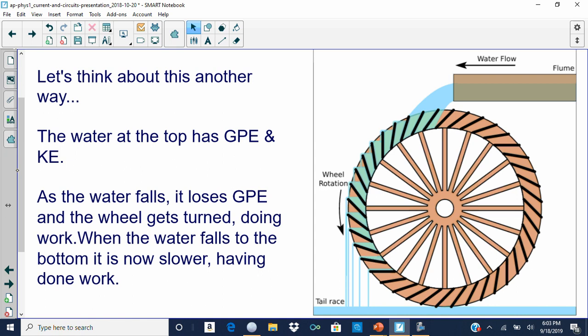As the water falls, it loses potential energy, but it turns the wheel. And as it turns the wheel, that energy from the water is being converted into moving the wheel, which we call work. So when the water falls to the bottom, it's now slower because it's done work. So work is a way of transferring energy.